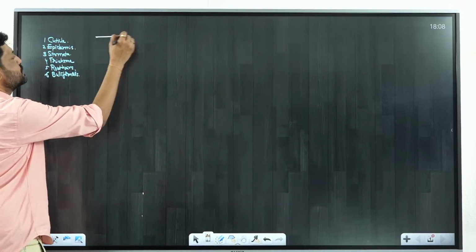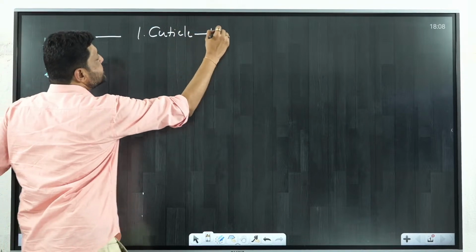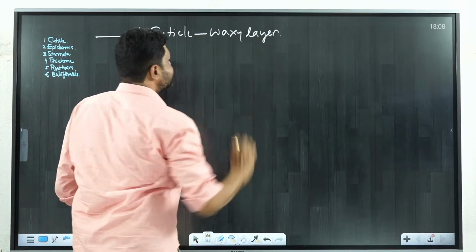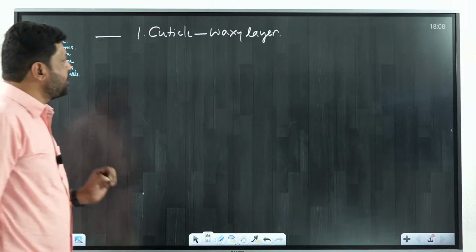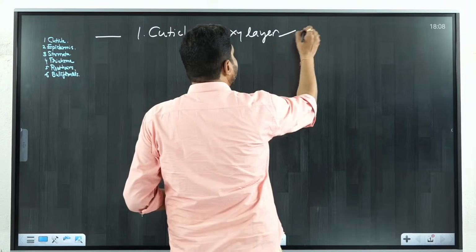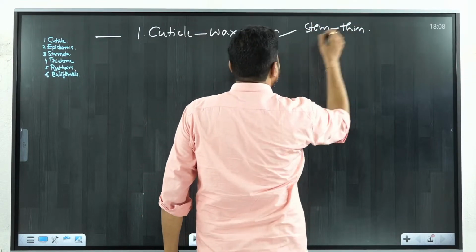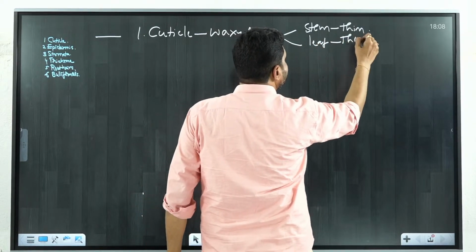The first one is the cuticle. The cuticle is a waxy layer. The textbook statement is that in stem it is a thin layer, and in leaf it is a thick layer.